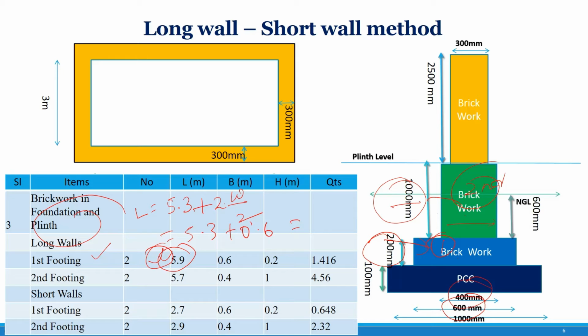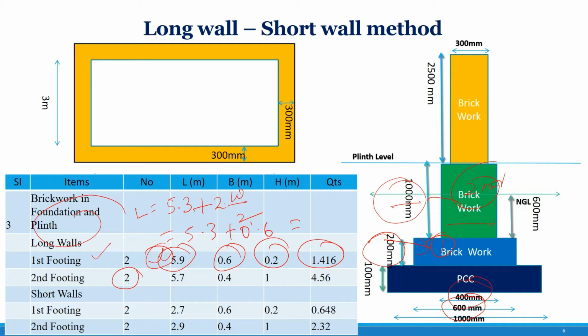So the length of the long wall is 5.9 meter, the width we already have as 0.6 meter, and the height is 0.2 meter. Multiplied by all, it is coming to 1.416 cubic meter.